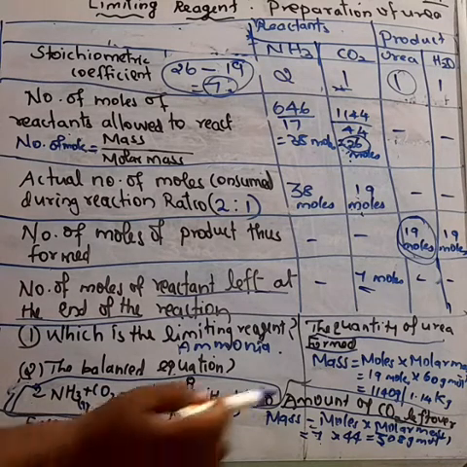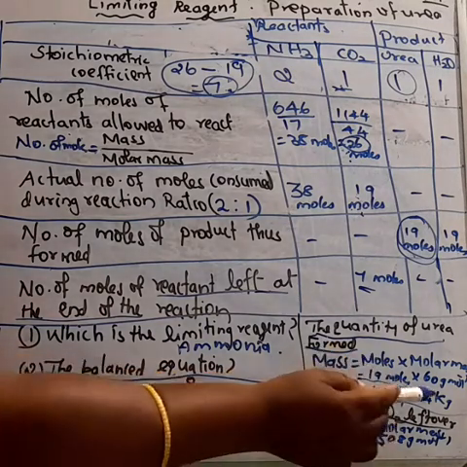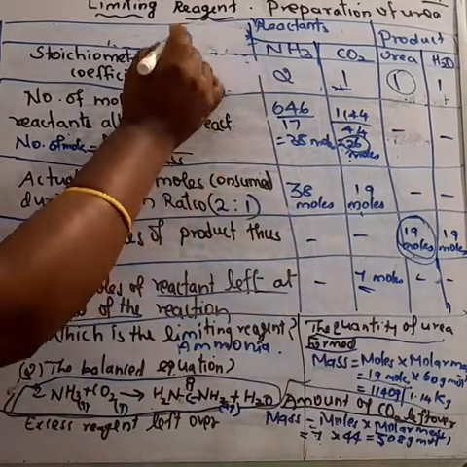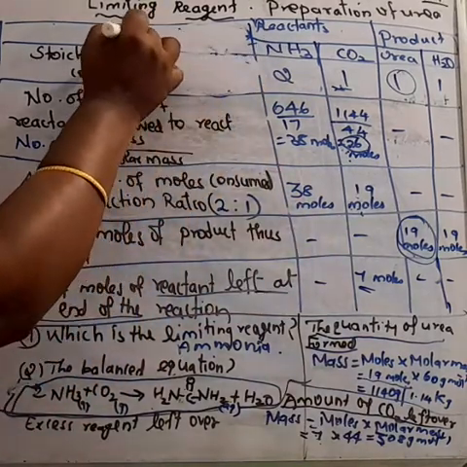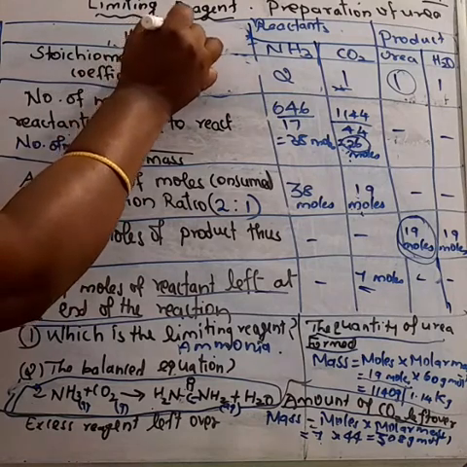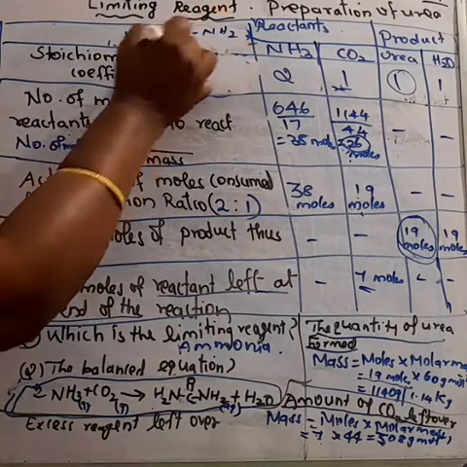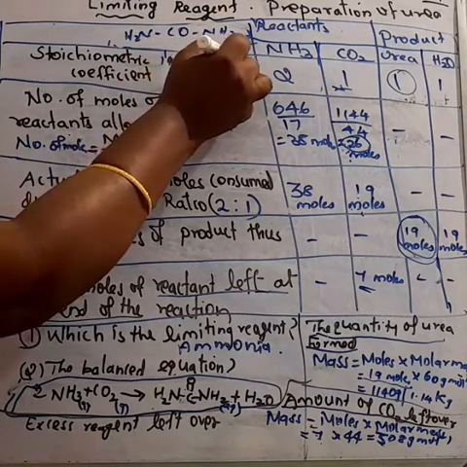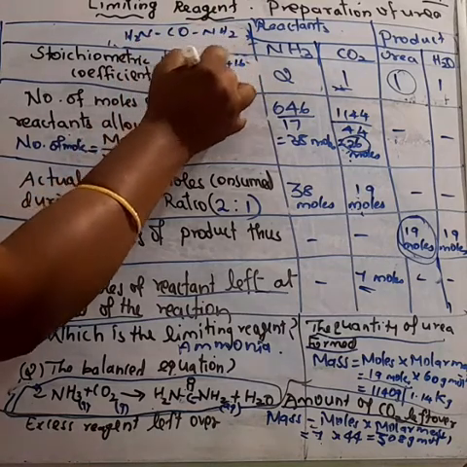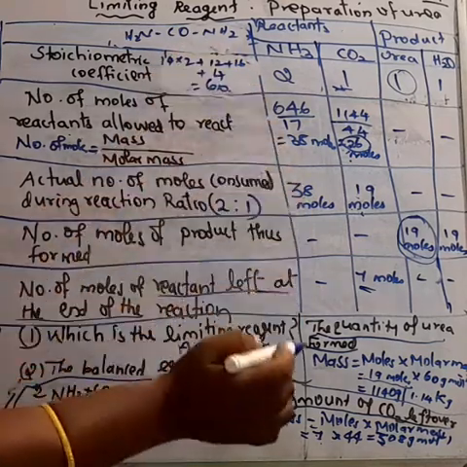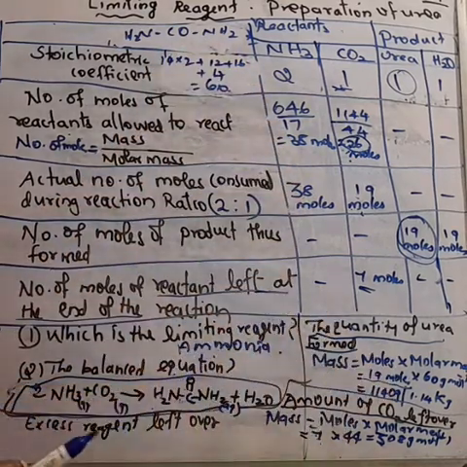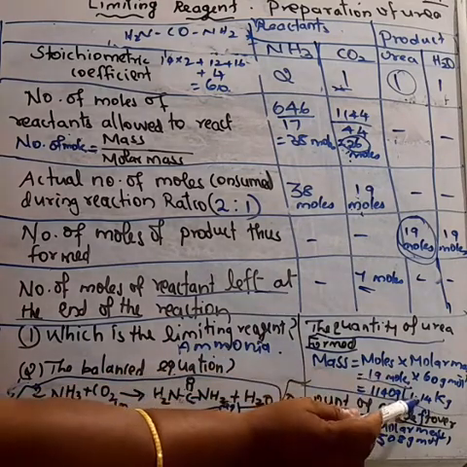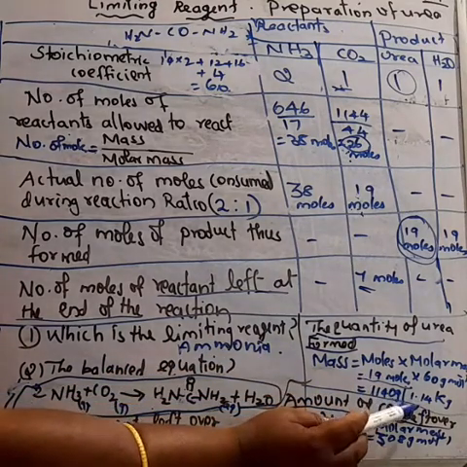What is the molar mass of urea? 60 gram per mole: N 14 into 2 plus carbon 12 plus oxygen 16 plus hydrogen 4, totally 60 gram per mole. So 19 into 60 is equal to 1140 gram. In kilogram, dividing by 1000, that is 1.14 kilogram.